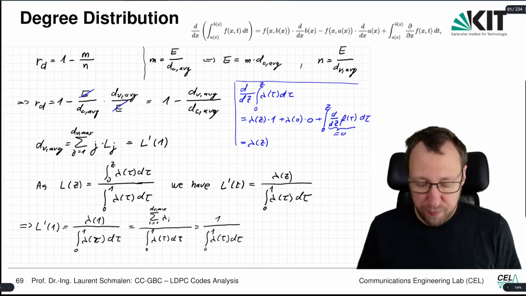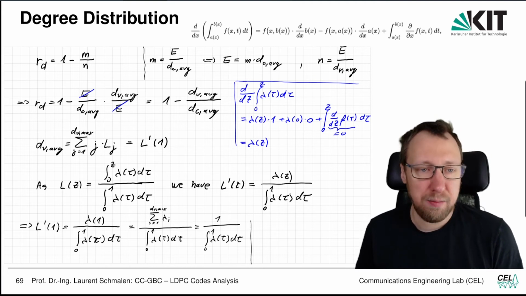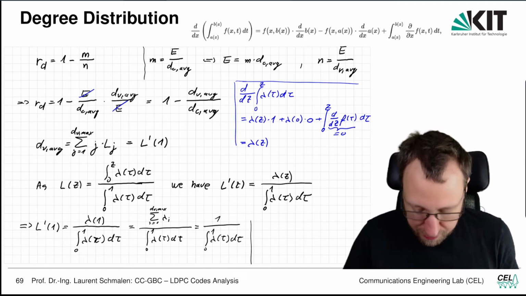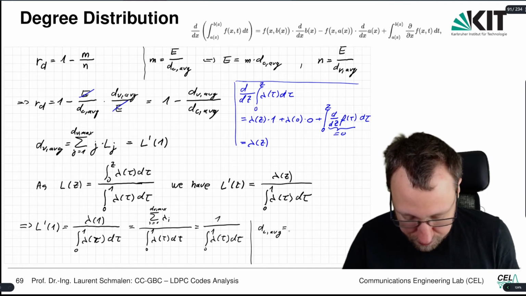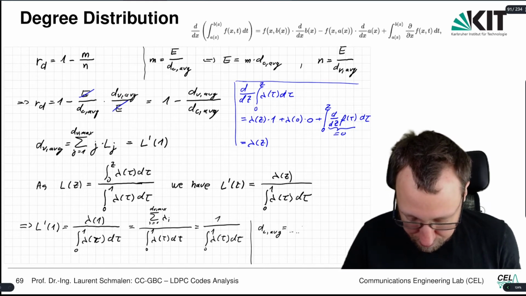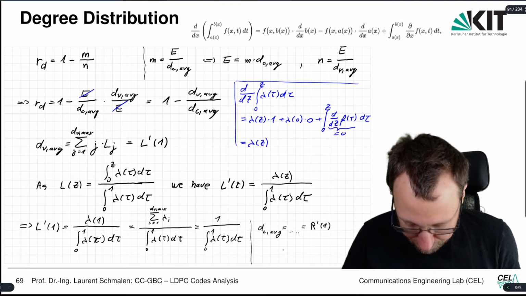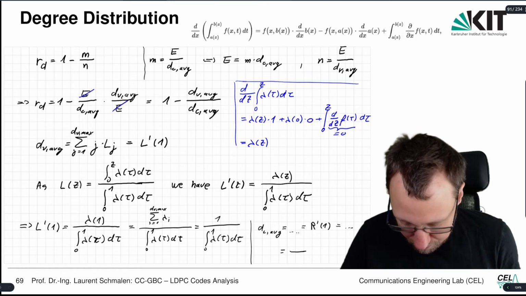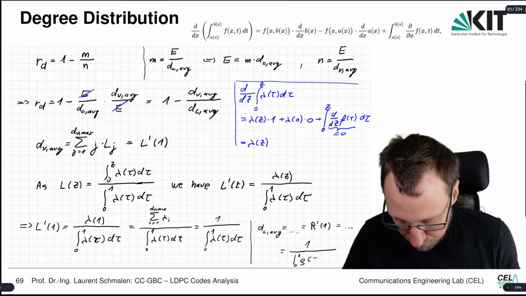So we have finished the first part of the proof. The second part works the same. We just need to replace L with R, and then we can calculate dC average, which is the same expression. Then we get R prime of 1, and then after some steps, we get 1 divided by the integral from 0 to 1 of rho of tau.